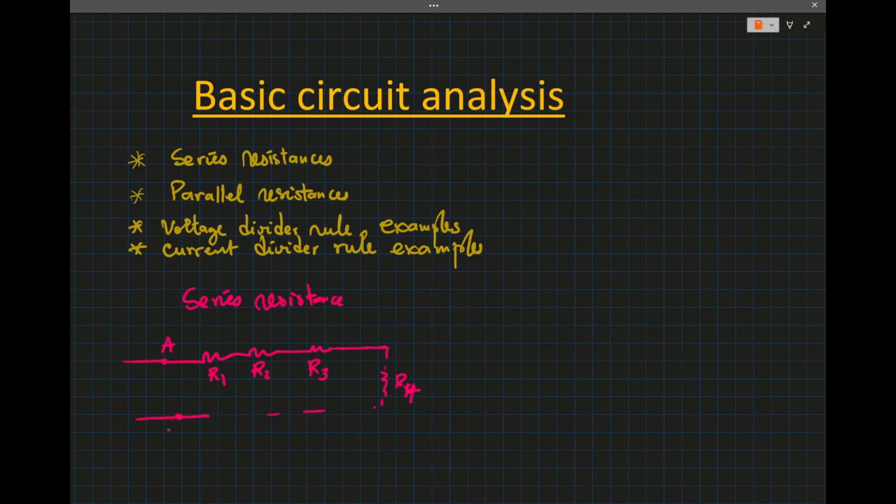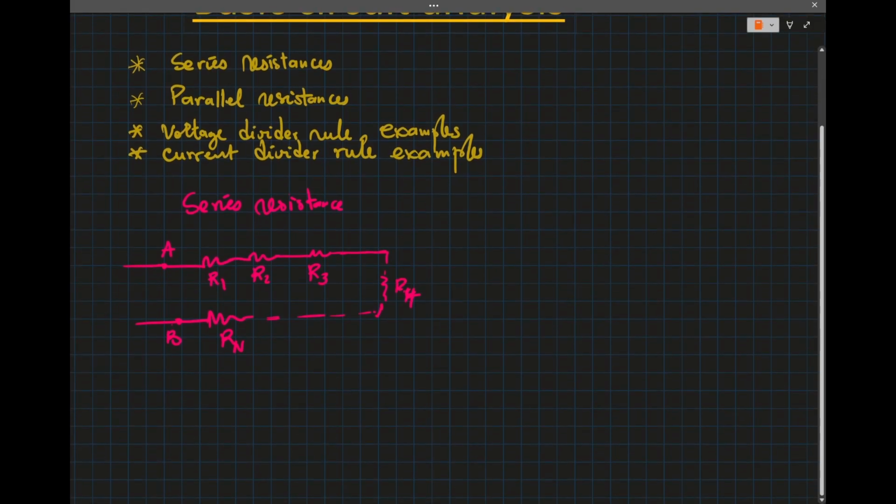So let's say this is B. You have N resistances in series.